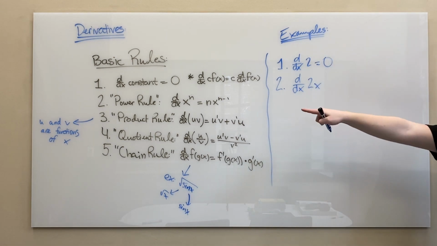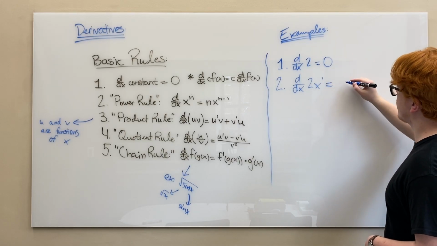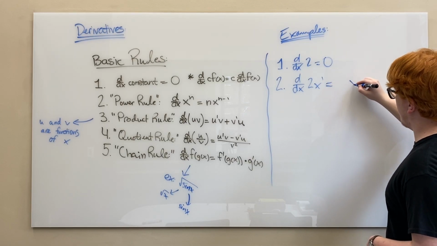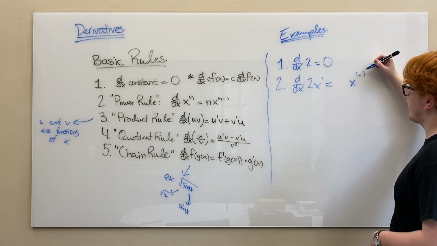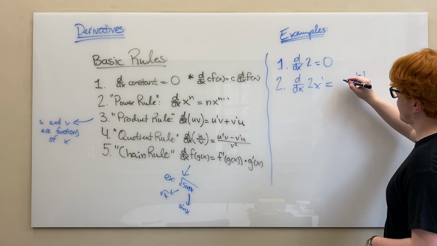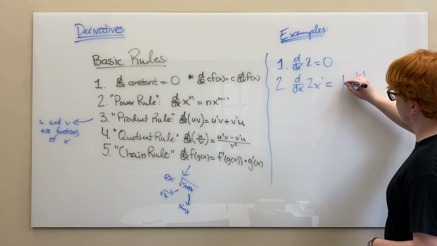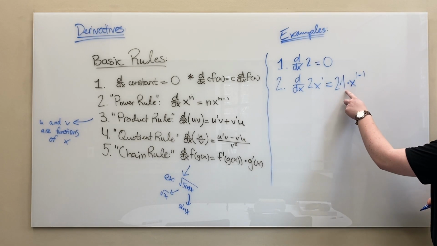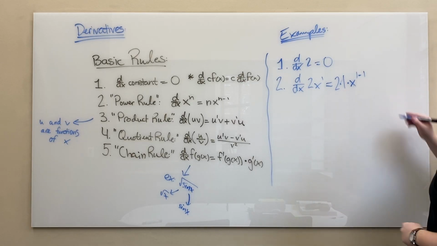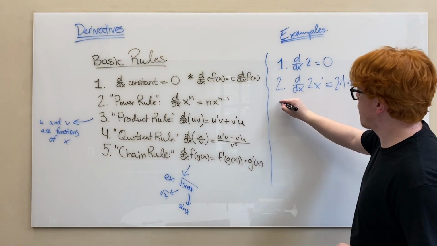Using the power rule, this is 2x to the 1, so it's x to the 1 minus 1 times 1, and then we have the 2 as well. So this is 2 times 1, which is 2, times x to the 0, which is 1. So this is just 2. Okay. 3.